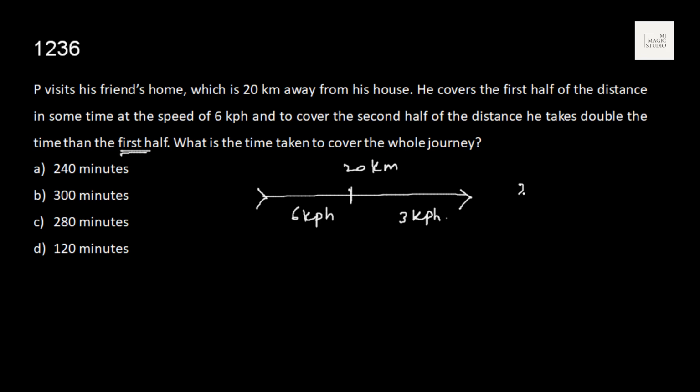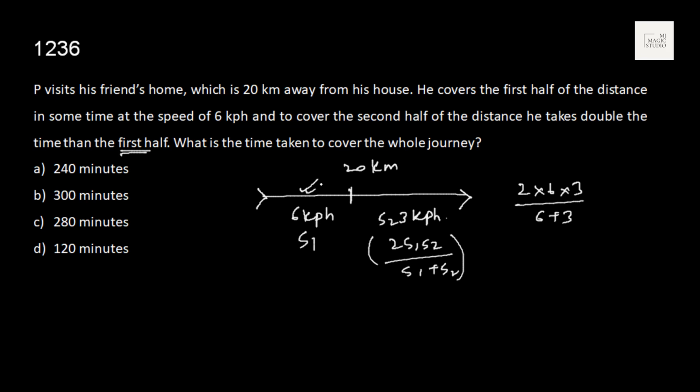Average speed formula we know, that is 2 into 6 into 3 by 6 plus 3, that is 2s1s2 upon s1 plus s2, if we have two different speeds and the distances traveled at these speeds are the same. So this comes to 36 by 9, that is 4 kph, his average speed over the entire journey.